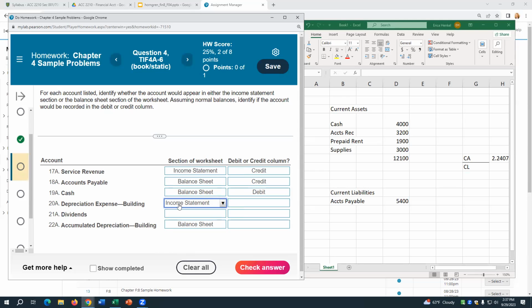Now, when we record our journal entry, we actually would record it between these two accounts, right? We're going to debit one and credit the other. So which one ends up being the debit column? This is one of those loaded questions, so let's look at it.